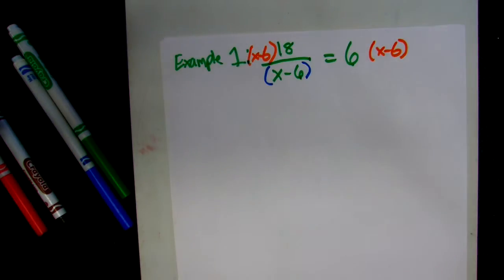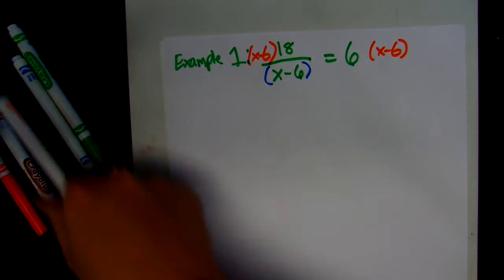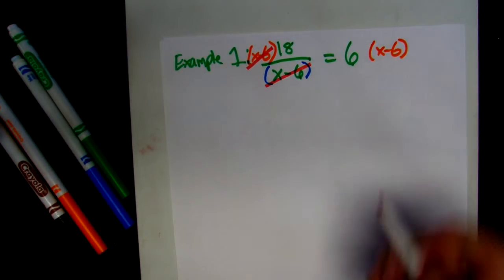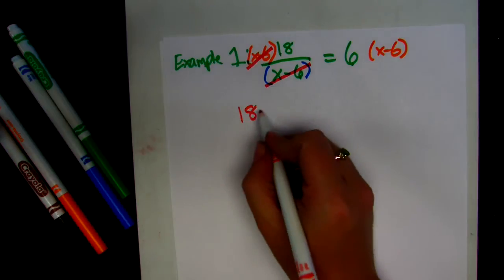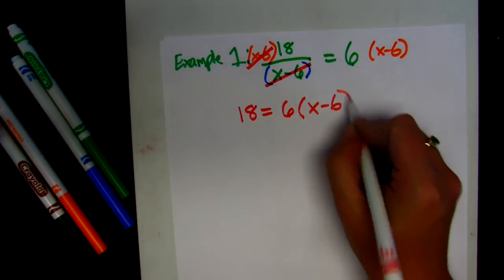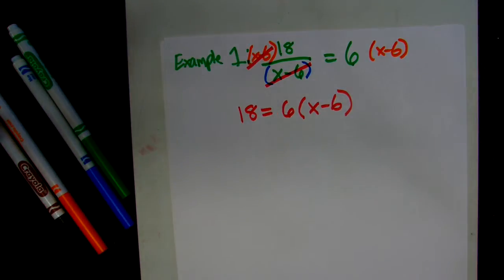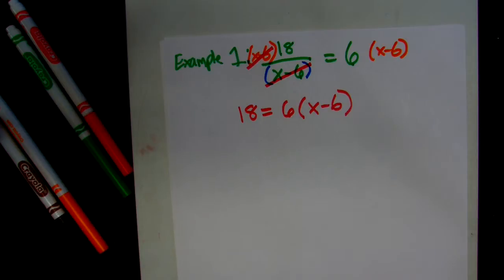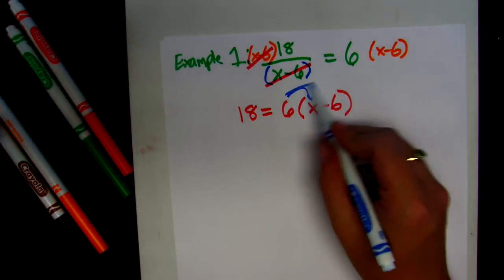Once I do that, x minus 6 will cancel this x minus 6, leaving me 18 equals 6 times x minus 6. I'm solving for x. This is a linear equation. So the first thing I'll do is distribute the 6.